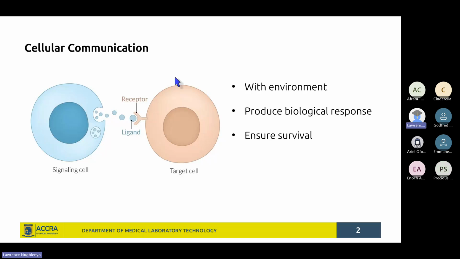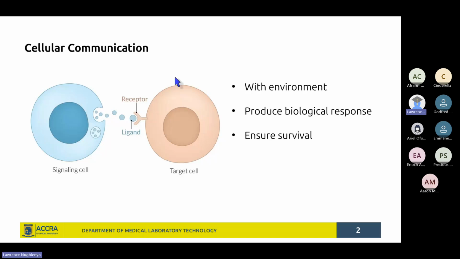Now, in the human system, we use the human system as the example because most of the things we are doing is about the human body. So we're talking about cellular communication in the human system. Of course, some of these you find also in some animals.